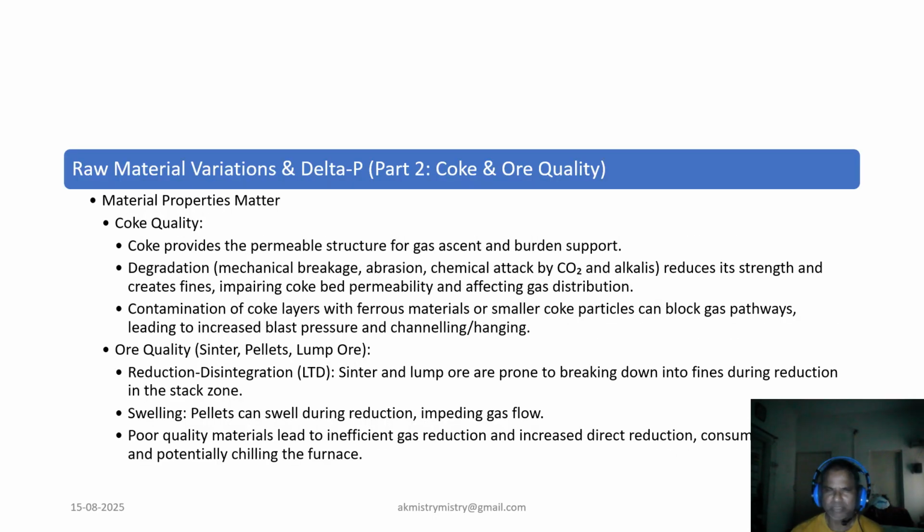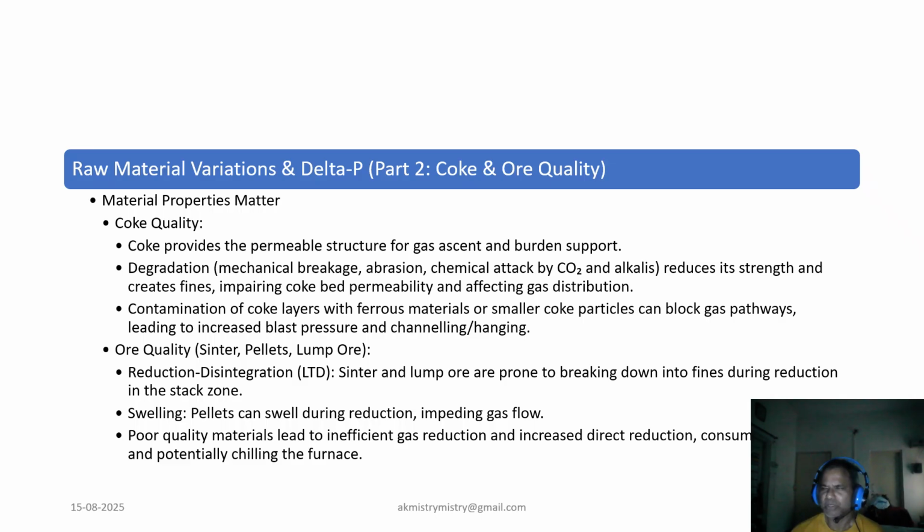Now coming to the second part, coke and ore quality hamper delta P very badly. So coke and ore quality are critical, and hence weak coke breaks down, forming fines that block gas flow. Poor ore, like sinter that disintegrates or pellets that swell, also disrupts the reduction very badly.